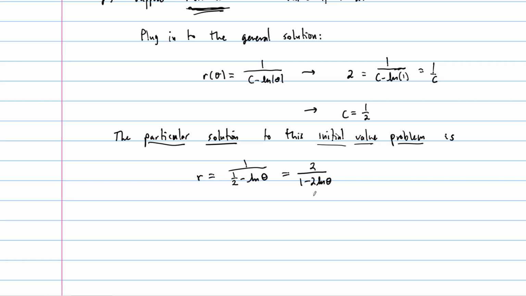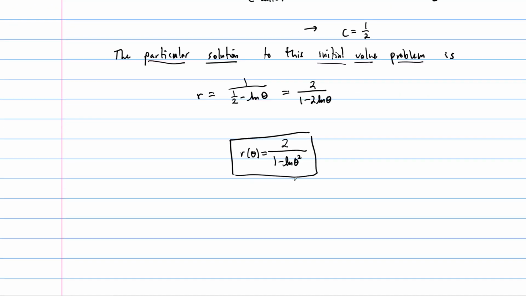And at this point, if we want, you can apply a log rule to make this look really beautiful. And so our final answer here is going to be r of theta, the solution of this differential equation with this initial condition that I wrote up here, is going to end up being 2 over 1 minus log of theta squared. Okay? And so that's how you solve what's called an initial value problem.